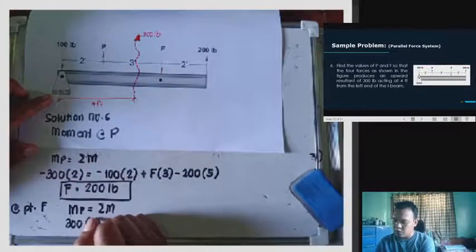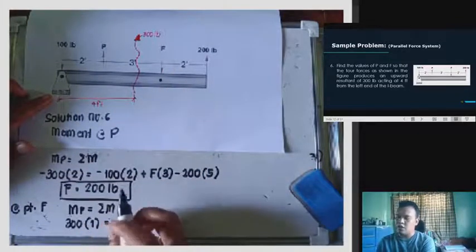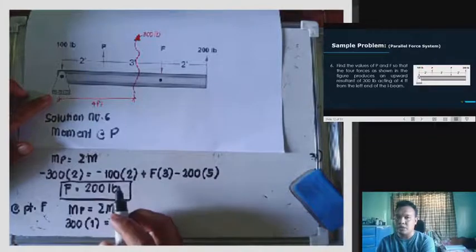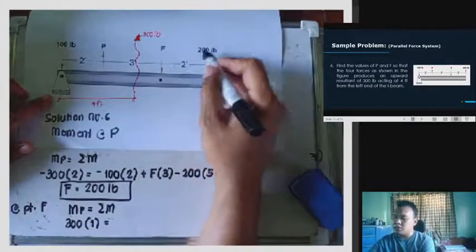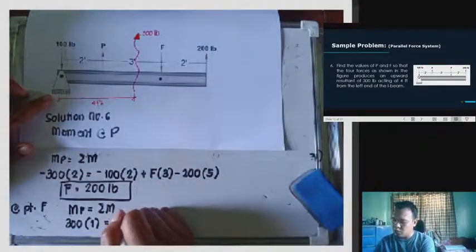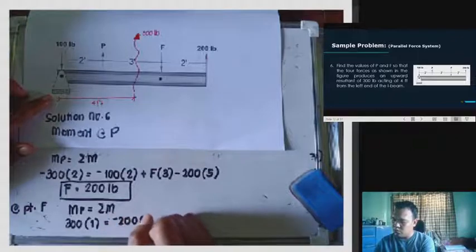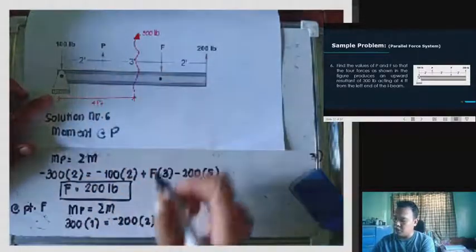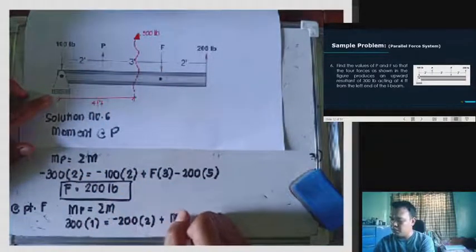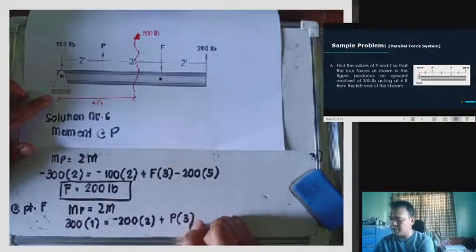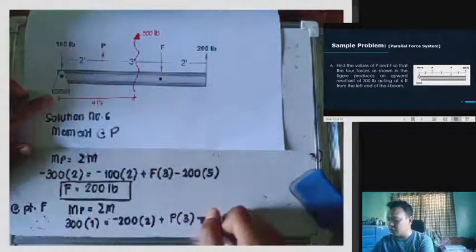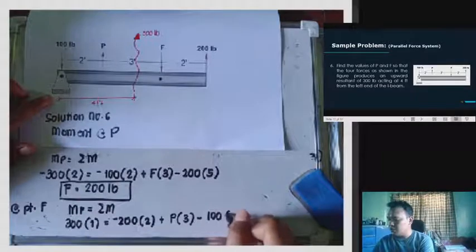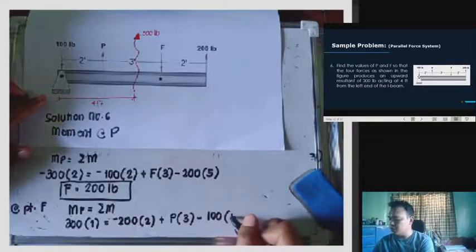Multiplied by 1 equals clockwise positive, counterclockwise negative. So we have here ito, counterclockwise negative 200 times 2. Then yung P, clockwise tayo, plus P multiplied by 3, perpendicular distance. Counterclockwise minus 100 times perpendicular distance which is 5.